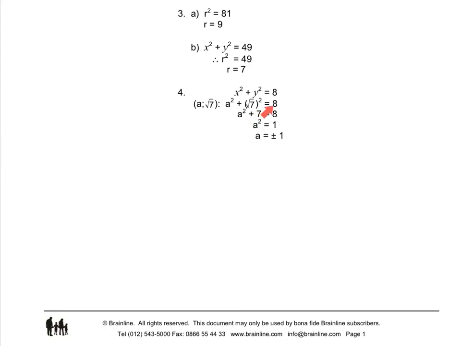If I take my 7 to the right-hand side, it becomes minus 7, and 8 minus 7 is 1. So then to get rid of the square, I draw a square root on both sides again, and the square root and square cancel one another out, so I'm left with a on the left-hand side, and the square root of 1 is plus or minus 1.